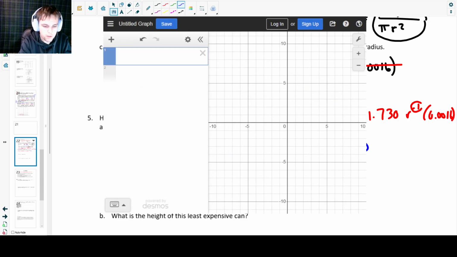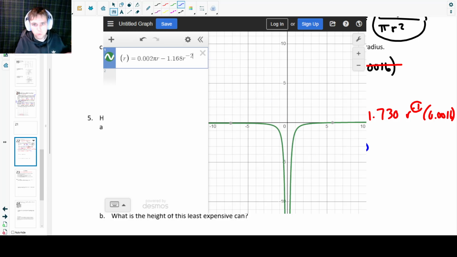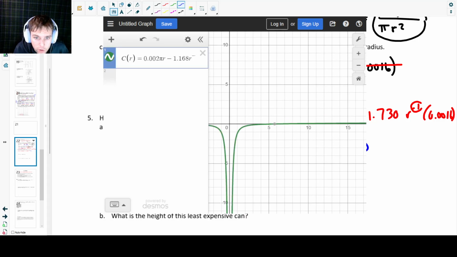So we have our cost equation. It is 0.002 pi r minus 1.168 r to the negative 2. Alrighty, so we are looking for minimum value. We're looking for critical values. So we have a critical value here. Small difference in my equation right there. Critical value here.